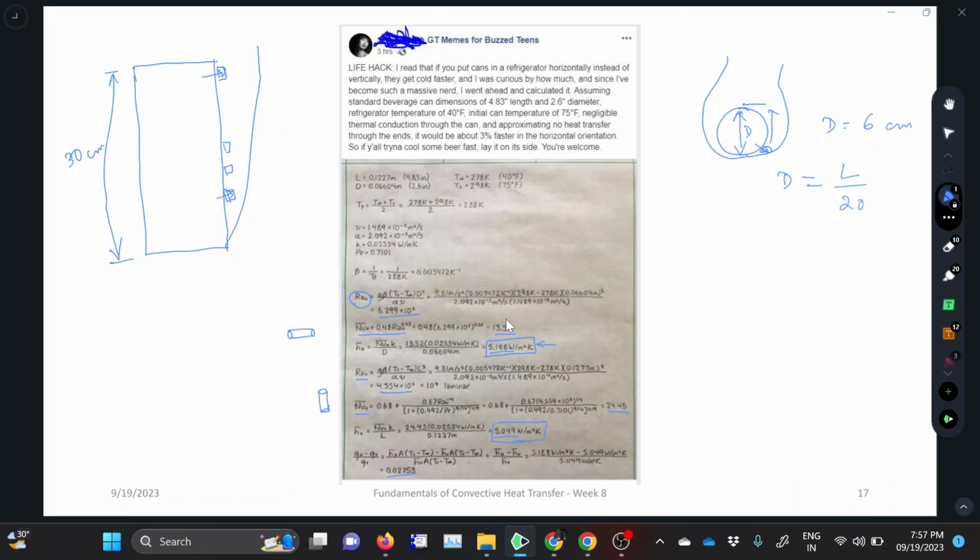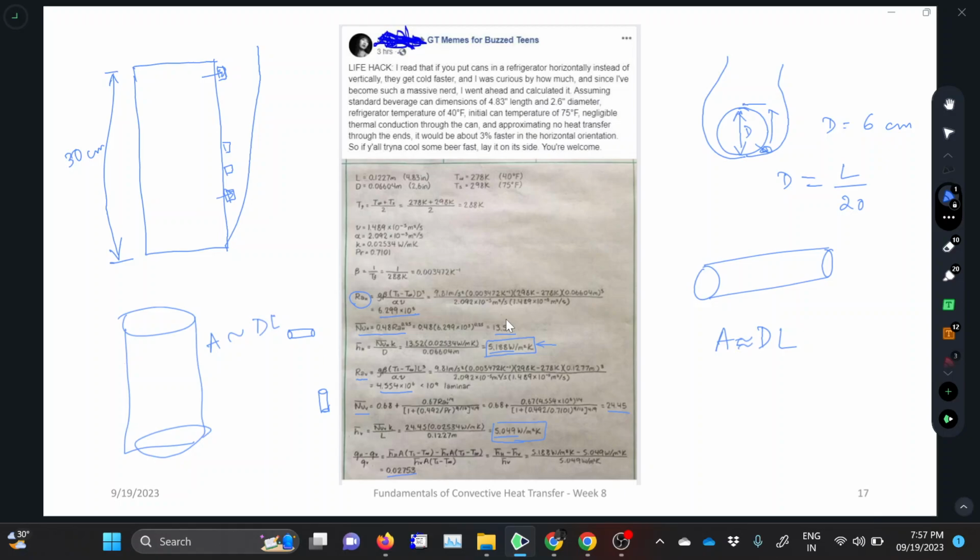So in this case, this distance is lower, but the surface area is still the same. If you take the projected area, it will be some d into L for this case, and for the vertical case also, the projected area would still be of the order of d into L, not exactly equal.